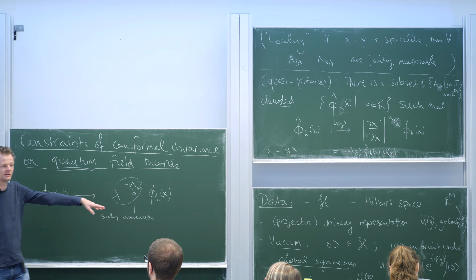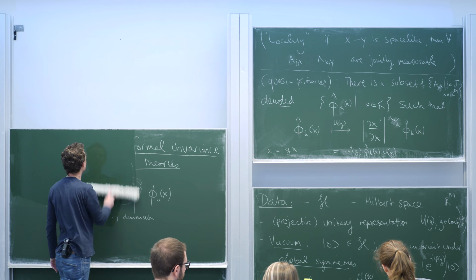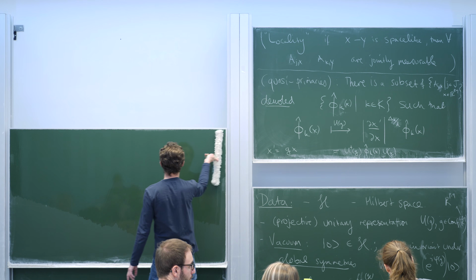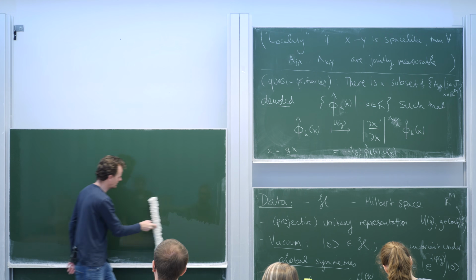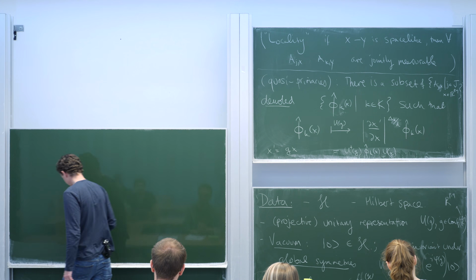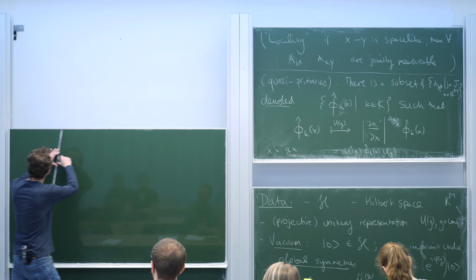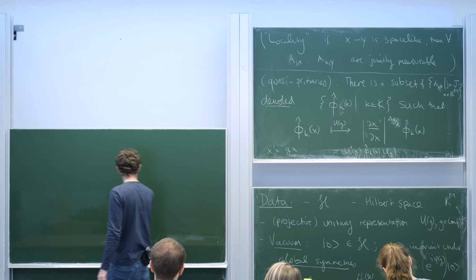Hopefully we'll get to see this in coming lectures. So there exist non-trivial examples, so there is a point to what we're doing. In fact, there exist a lot more non-trivial examples than just the free boson and the free fermion.